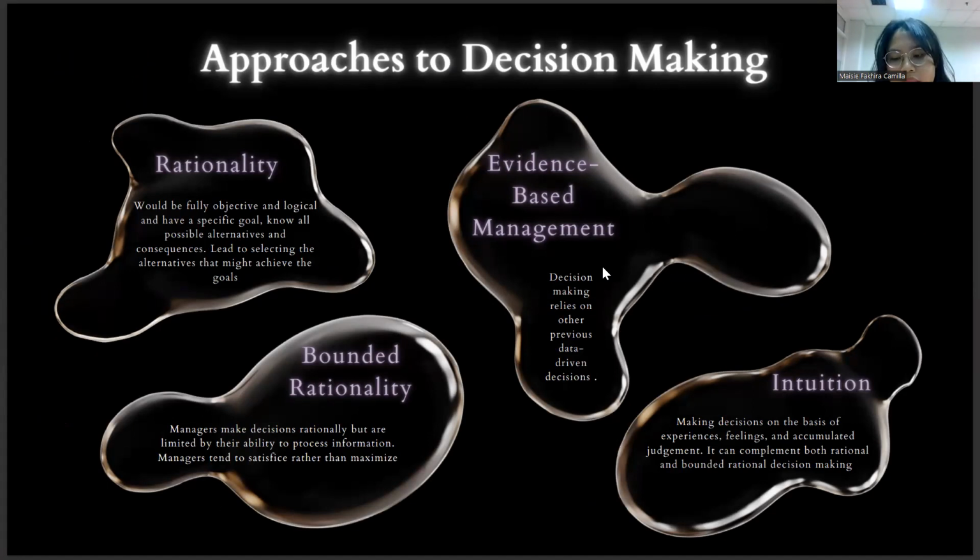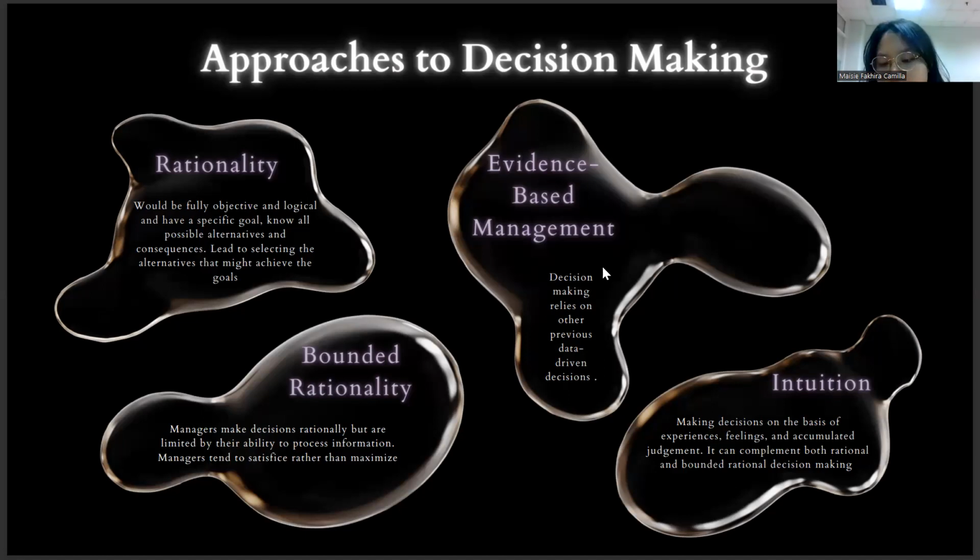And the second is bounded rationality. Managers make decisions rationally but are limited by their ability to process information. Managers tend to satisfice rather than maximize.